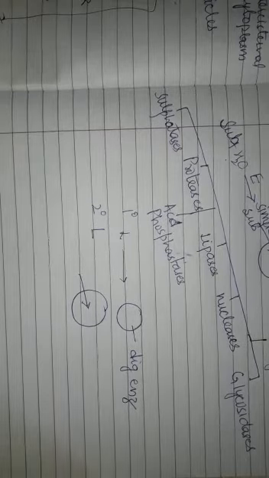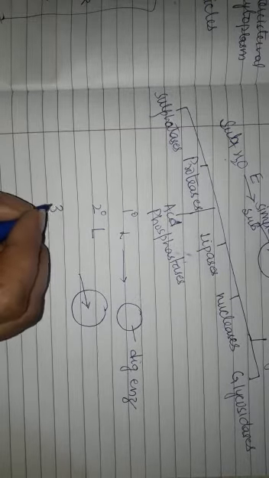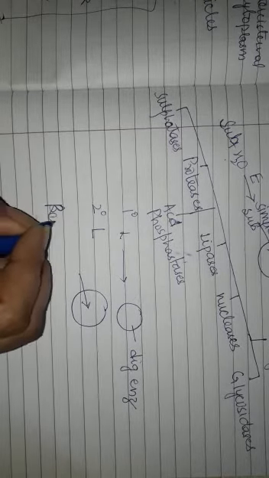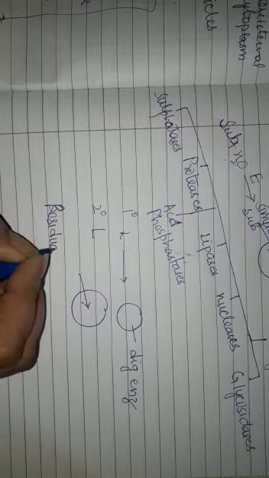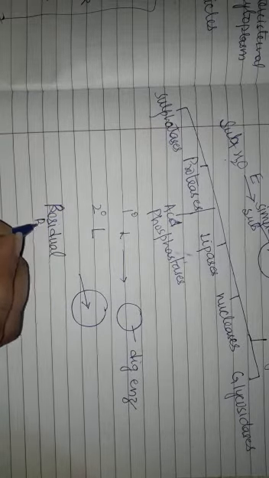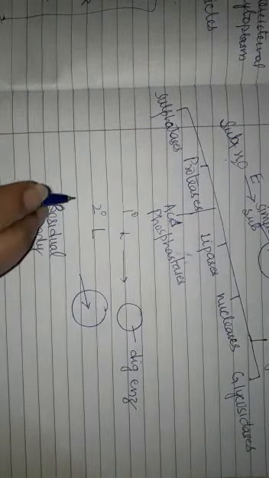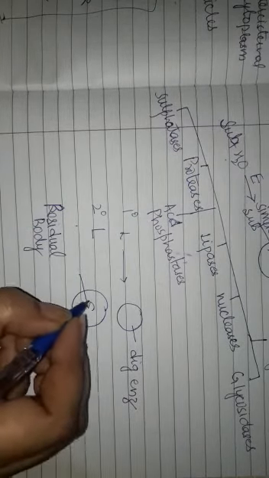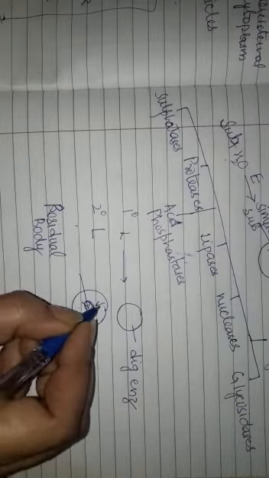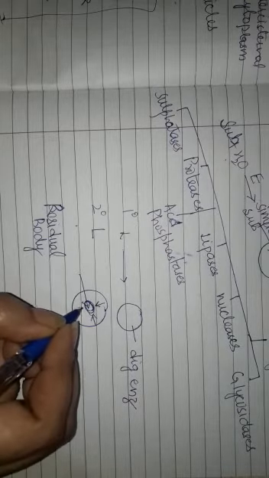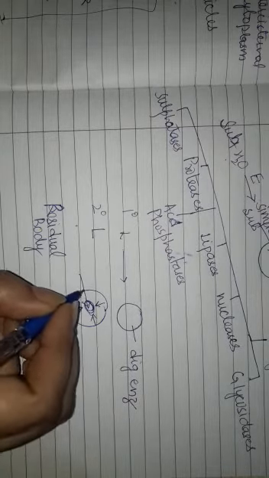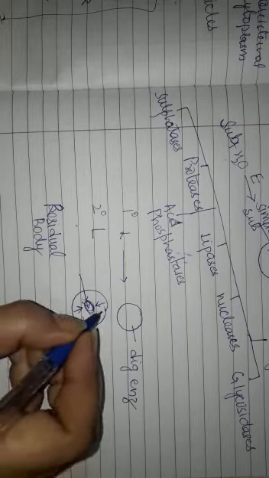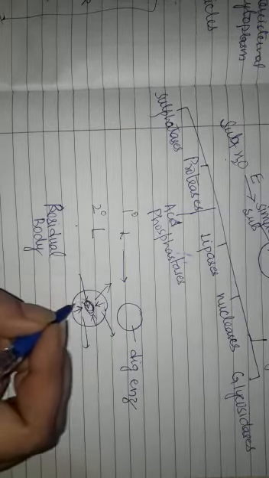And then we have a residual body. What is a residual body? The substance to be digested has entered the lysosome. Then enzyme action will happen on it, and it will be digested. The products of digestion will be given out into the cytoplasm.